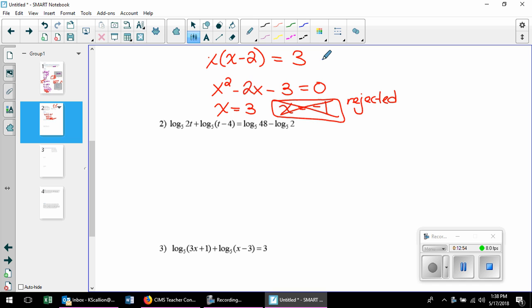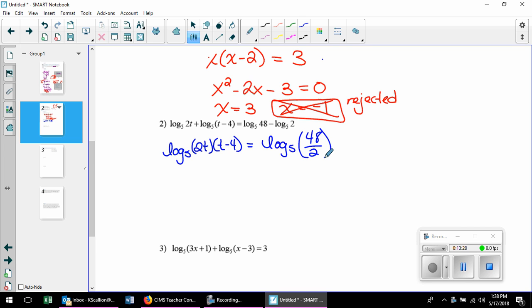Okay, can I do anything with this? Am I dropping logs? You have to do the stuff first. So this side is multiply. This side is going to be divide. So I'm going to have log base 5, 2t times t minus 4 equals log base 5, 48 divided by 2.